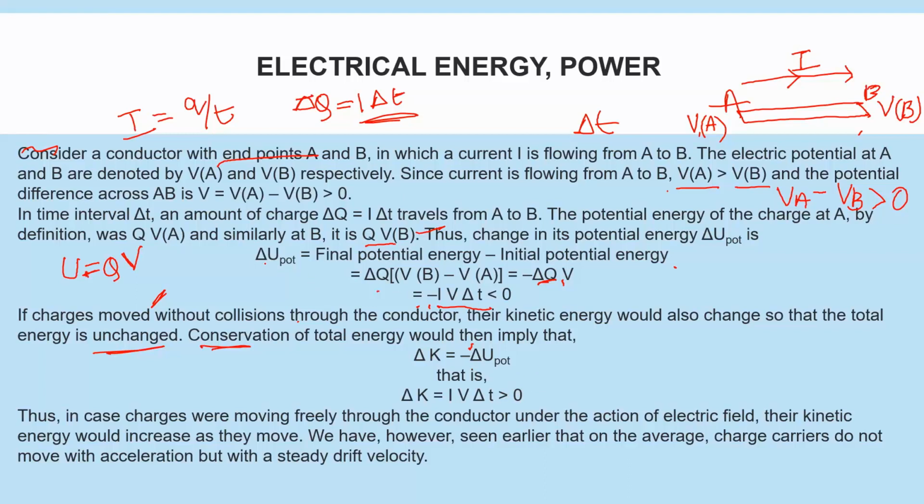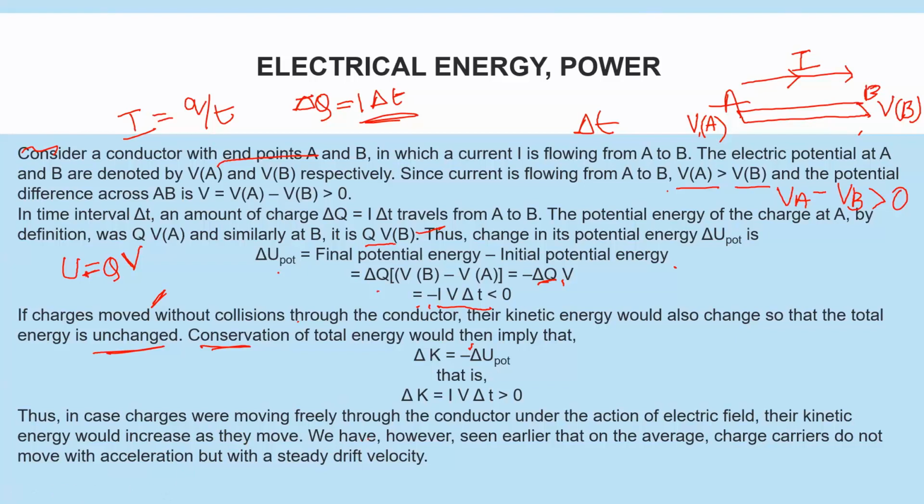Actually the potential energy difference and the kinetic energy difference have to balance out, and that is why we can write in this form. In this case, the charges were moving freely through the conductor, and the electric field was influencing them, so the kinetic energy would increase as they move.